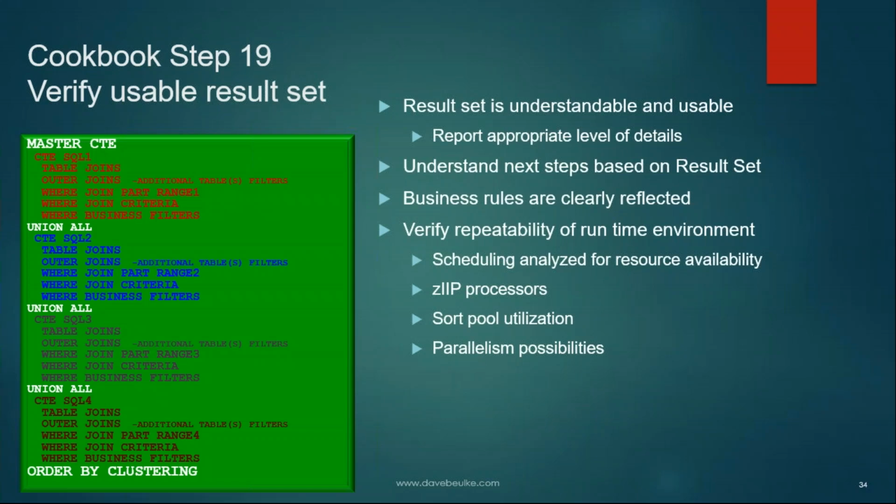Now, when we first tried this, we went a little overboard, and we had a UNION ALL that went after 8 situations. Here we have 4. We had 8 SQL CTEs.